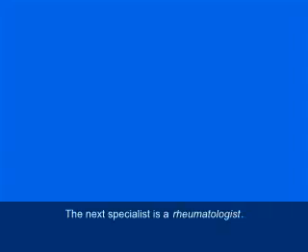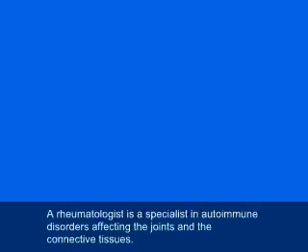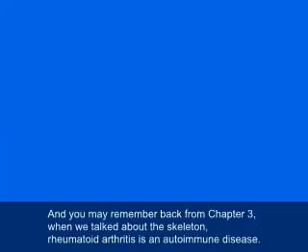The next specialist is a rheumatologist. A rheumatologist is a specialist in autoimmune disorders affecting the joints and the connective tissues. And you may remember back from chapter 3 when we talked about the skeleton, rheumatoid arthritis is an autoimmune disease.